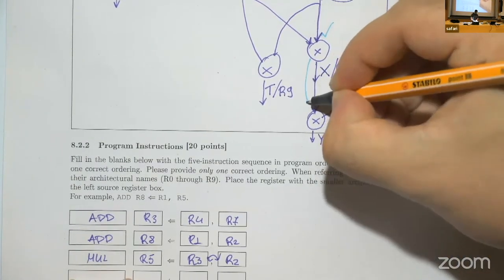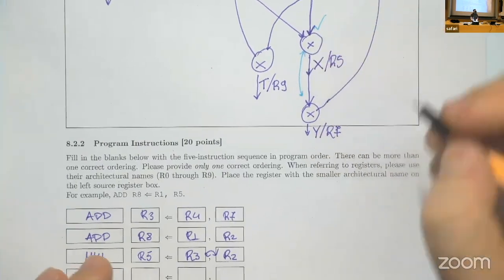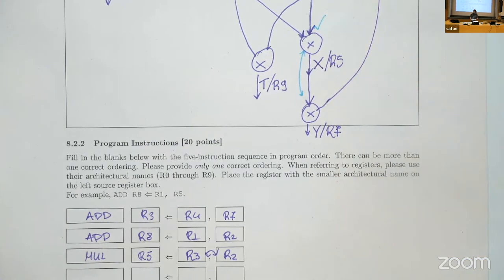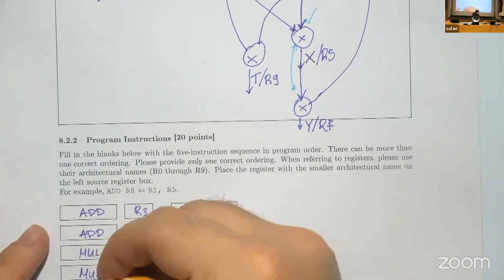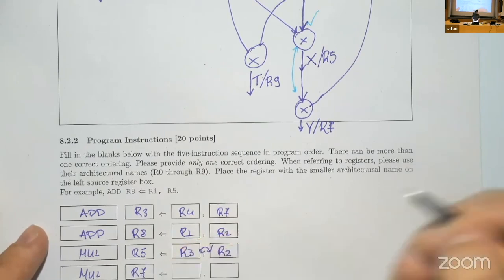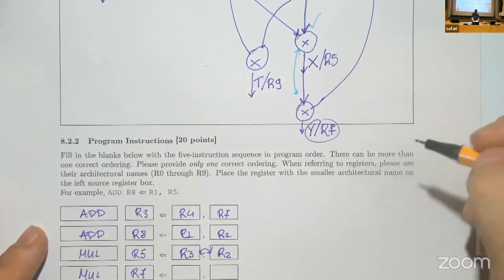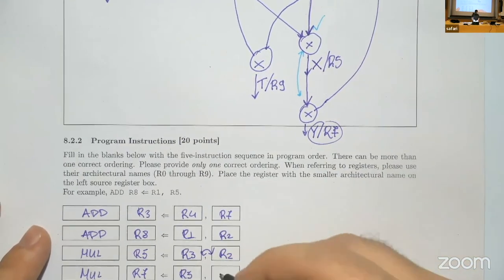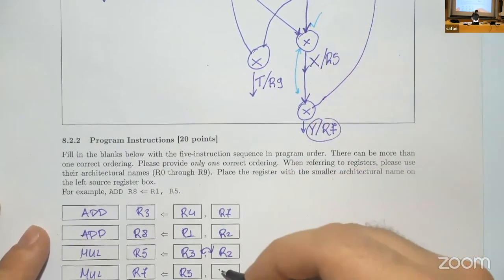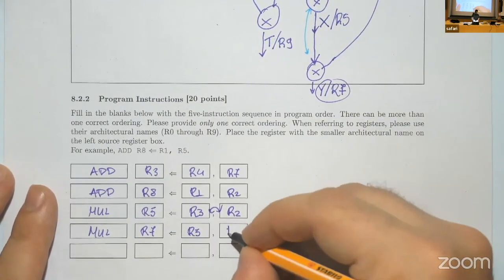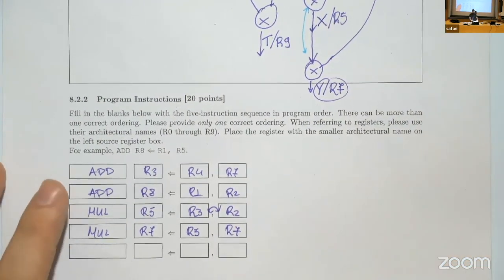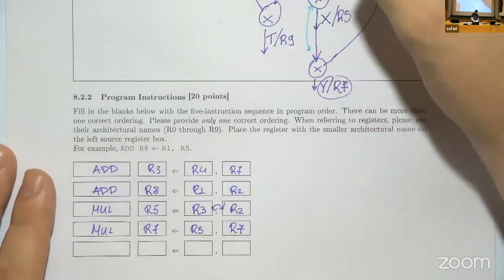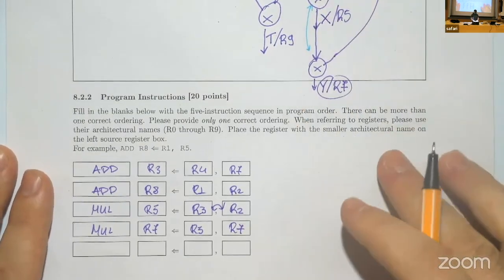Do not mess up the order between the nodes, because R7 depends on the new result of R5, which means that the multiplication is stored in the register R7, which is the Y. And it's the result of the multiplication between R5 and which one? R7. And the last one is the multiplication between R6 and R3 in R9.